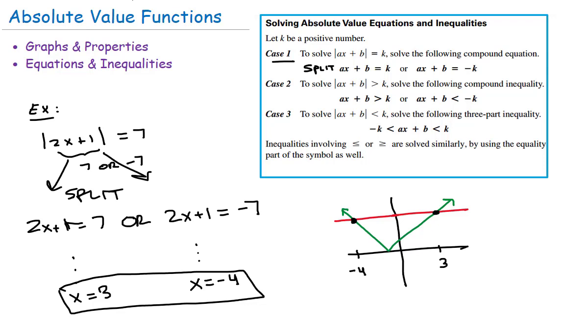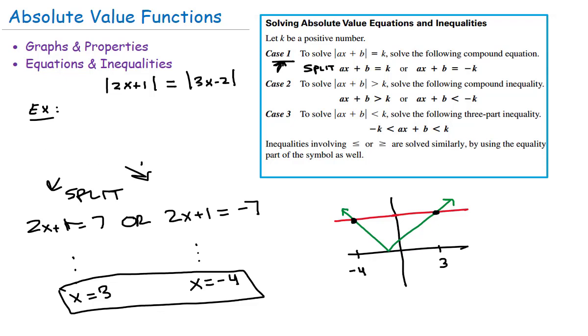Similar to case 1, I just want you to be aware that you will also be able to solve absolute value equations that have two absolute value bars in a similar manner. So let's say it was the absolute value of 2x plus 1, and maybe it was equal to the absolute value of 3x minus 2. You still treat it the same way. You would split it into two and take off the bars on the first one and the second one and put a negative.